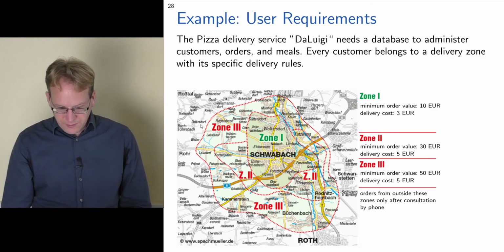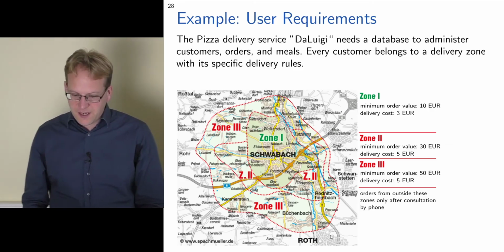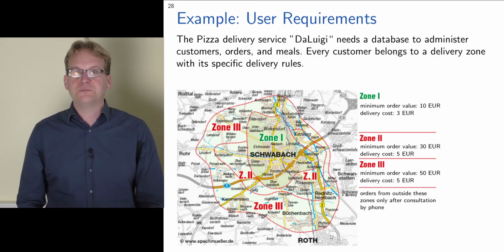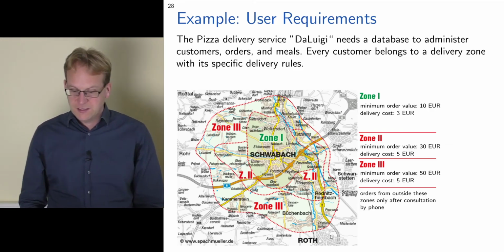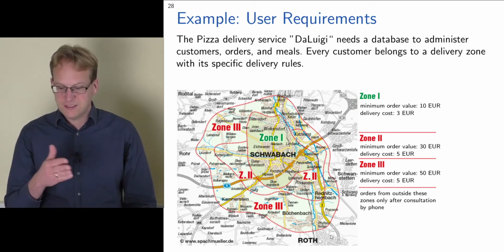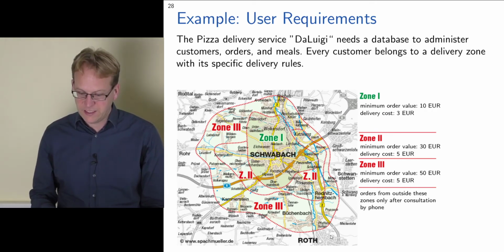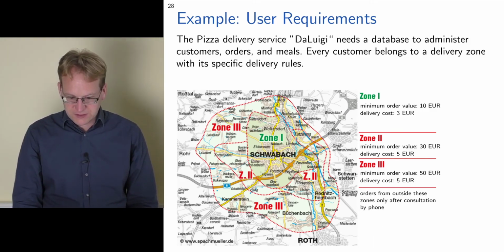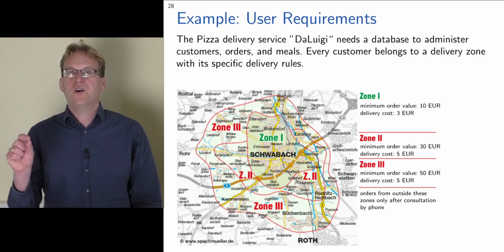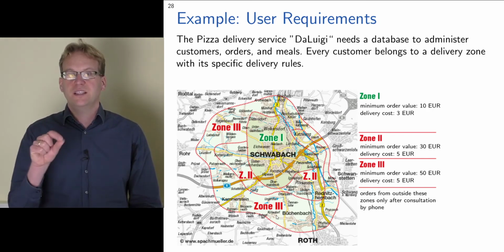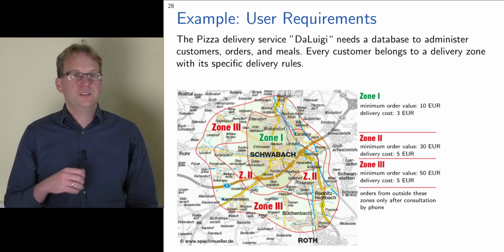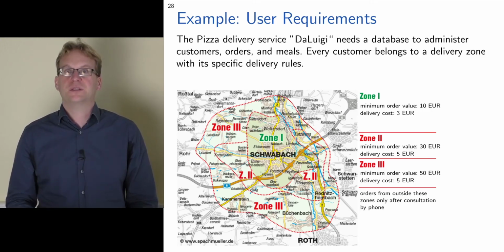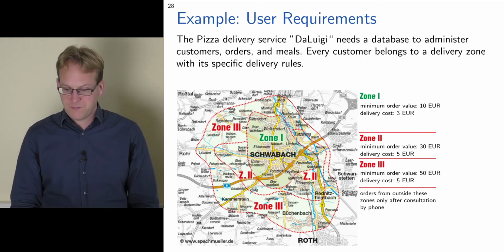And this pizza delivery service invented a kind of complicated pricing system. This is not made up by myself. It is really like this there. So they have different zones, and depending on the zone where you live, you need to pay something extra for the delivery, for example.